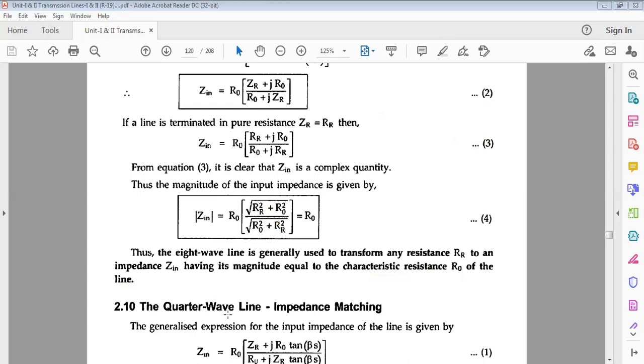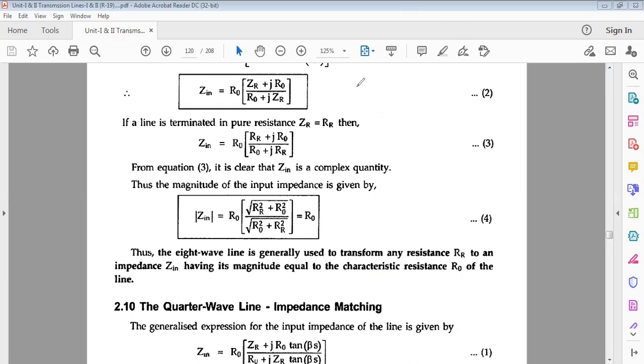Now, next one is the quarter wave line impedance. The quarter wave line is also called input impedance matching. It's the same equation.